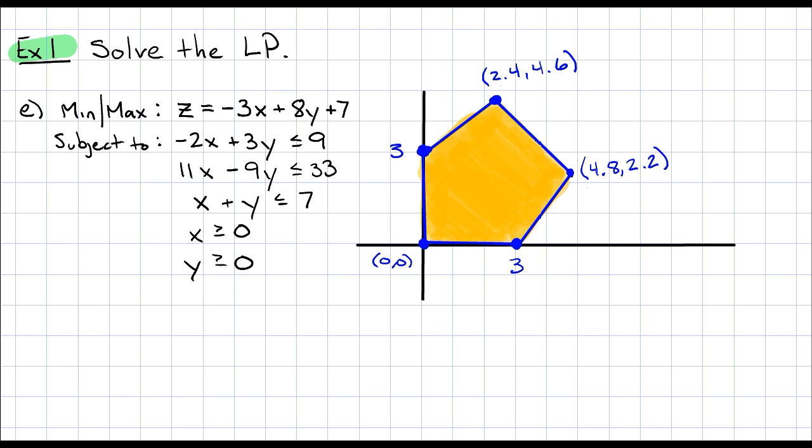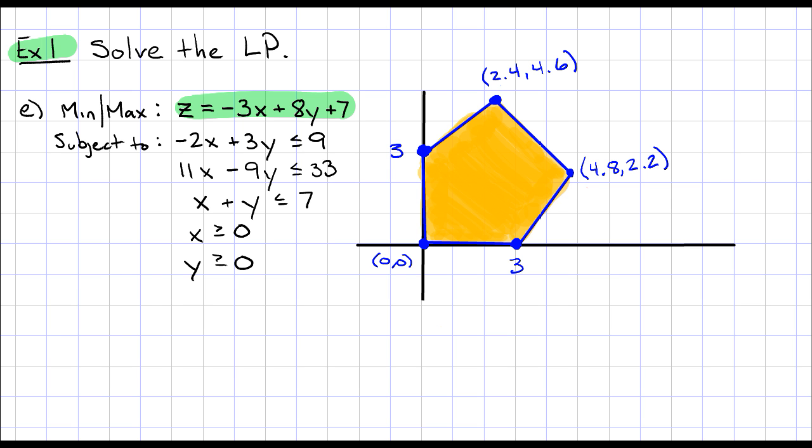So now that I have all 5 vertices, the next step is to plug each vertex in to the objective function. So I want to plug it into this function, which we haven't used so far. So I'm going to calculate each of these, and then I'm just going to write the numbers next to the feasible region.